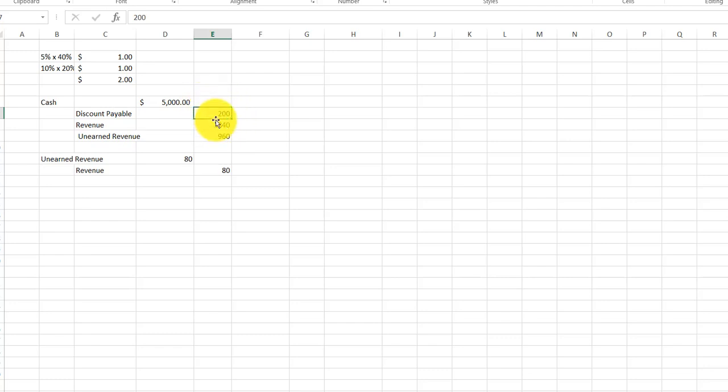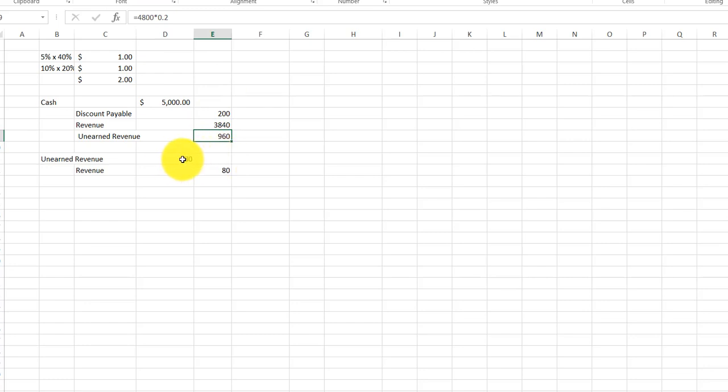The rest, the $4,800, is allocated between the revenue, the mixer, and the unearned revenue, the warranty. Because we know that the mixer by itself is $40 out of the $50, that's 80%, we're going to take 80% of the $4,800. So take out the discount first and then multiply by 80%.